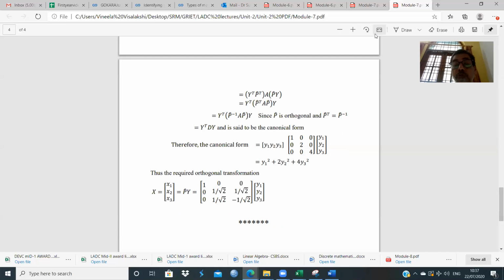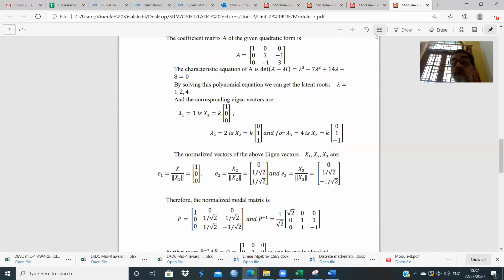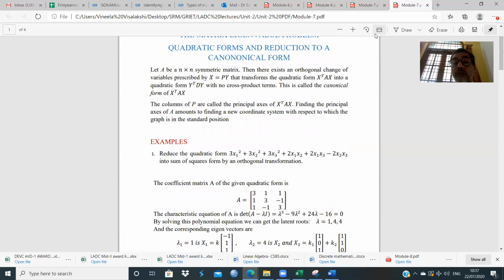So this is the process by which we achieve the canonical reduction of a quadratic form. As already discussed, it is the cross product terms that play havoc in the recognition process, and by transforming into a canonical form, we are in a position to recognize the true nature of the object.